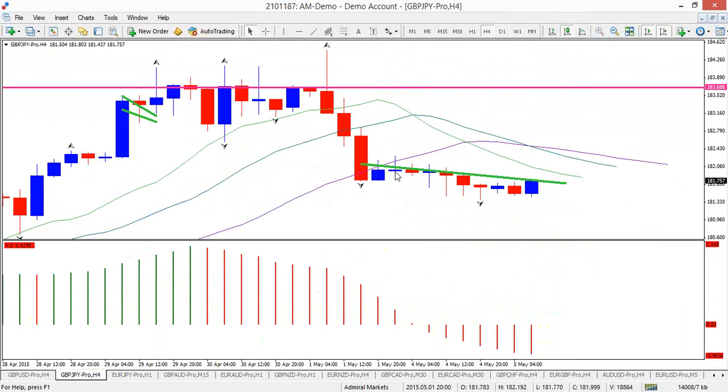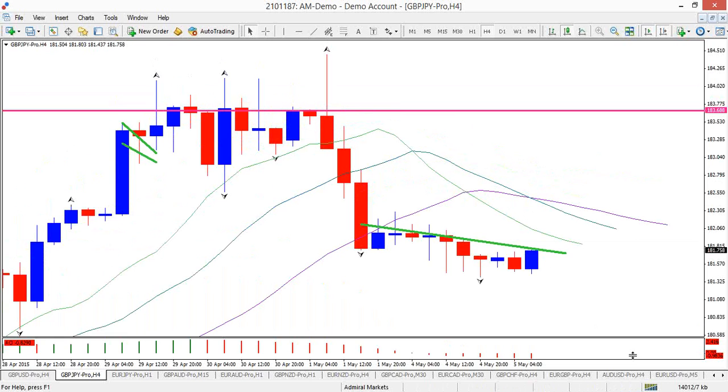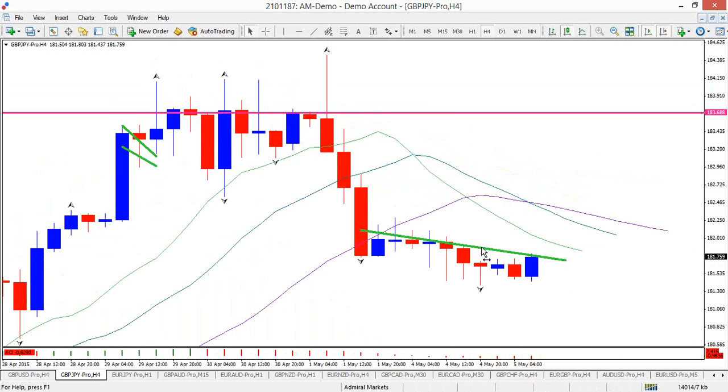Let's take a look at these 4-hour candles. We got dojis, a lot of indecision candles here. Maybe even just a decent bullish candle could be already enough, I think.